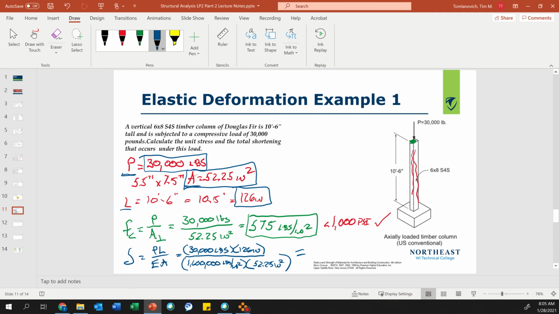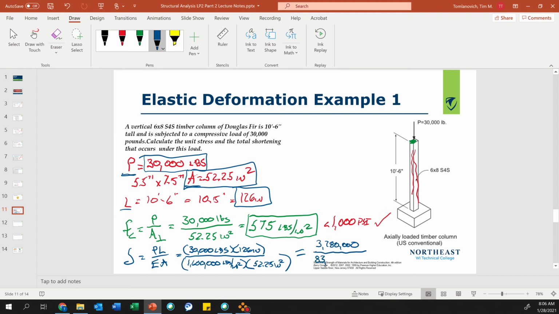Okay. All right. So we're going to take 30,000 times 126. This is what I like to do. So that's 3,780,000. 3,780,000 divided by 1,600,000 times 52.25, and that equals 83 million.